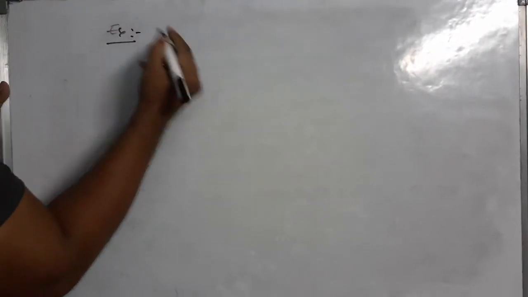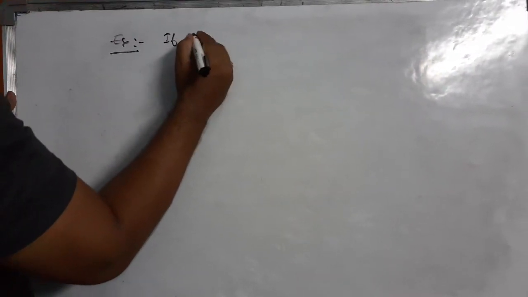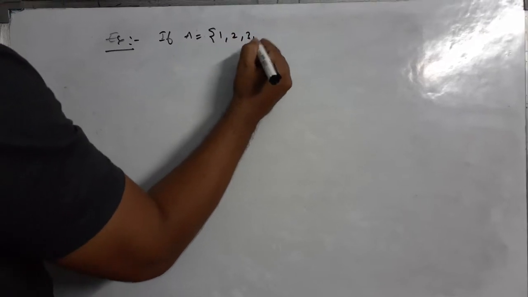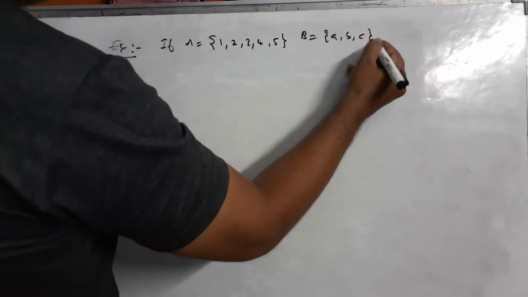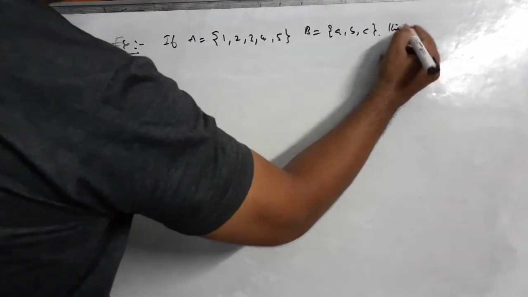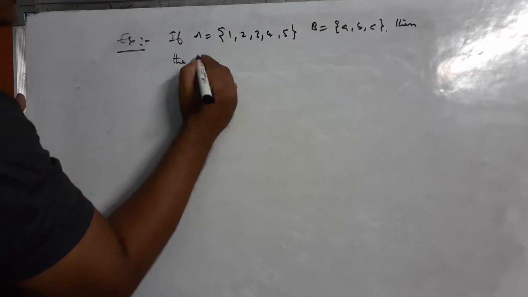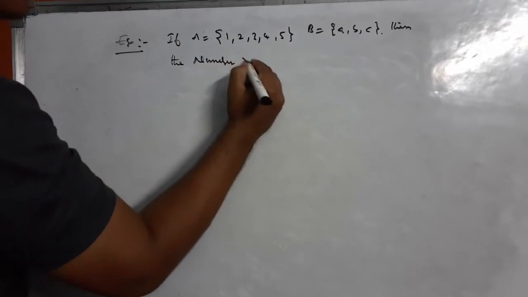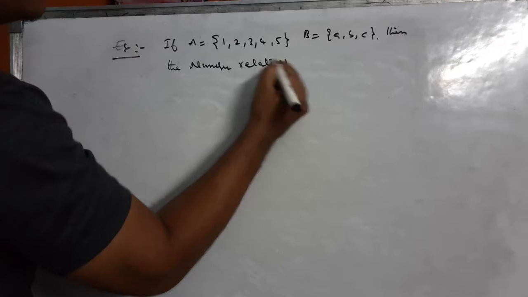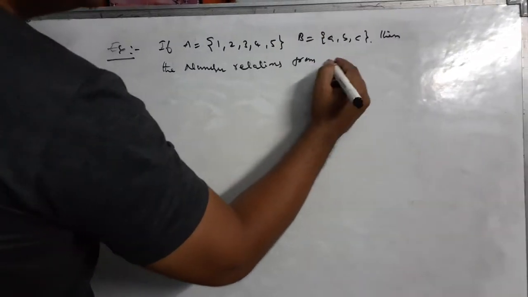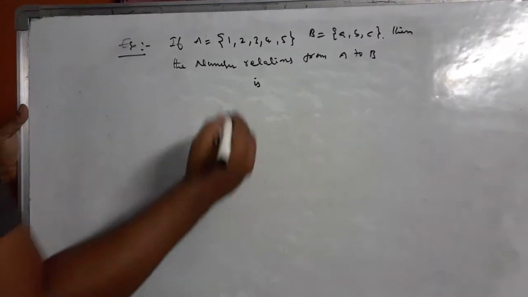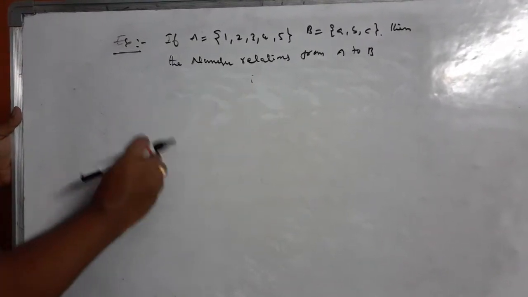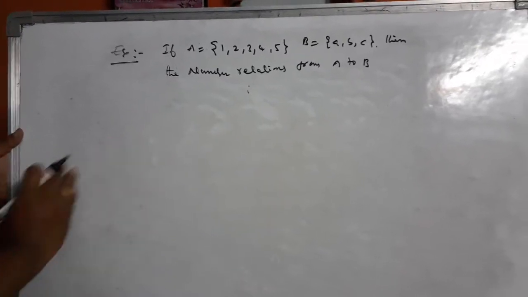Okay. So example, if A is equal to {1, 2, 3, 4, 5}, B is equal to {a, b, c}, then the number of relations from A to B is, we have the formula, 2 to the power of mn.